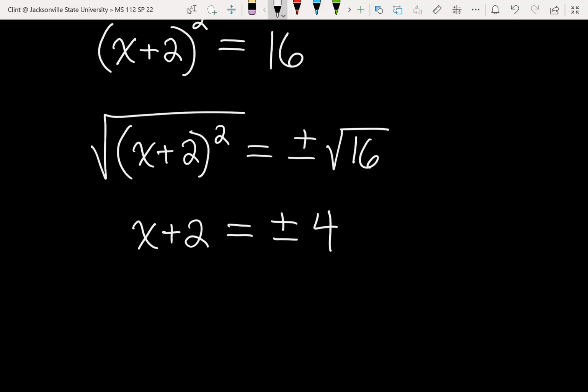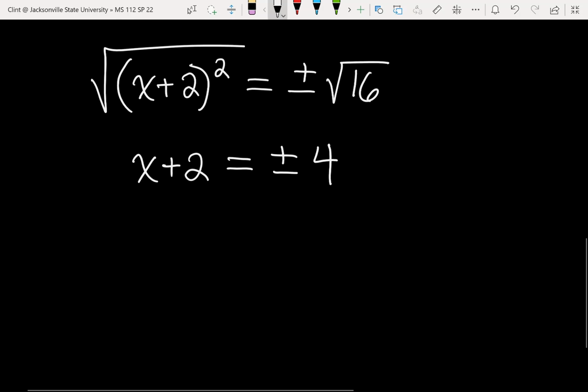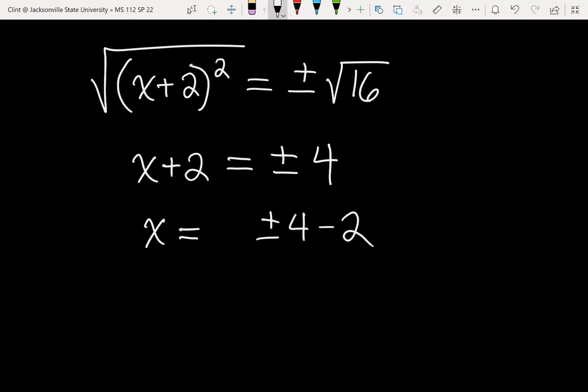And to solve for x, we want x by itself. Right now we have x plus 2. So what can we do to both sides? Subtract. Yeah, we can subtract. And this is a little weird when you've got a plus and minus sign involved. There's really nothing wrong with writing it like that, plus minus 4 minus 2.